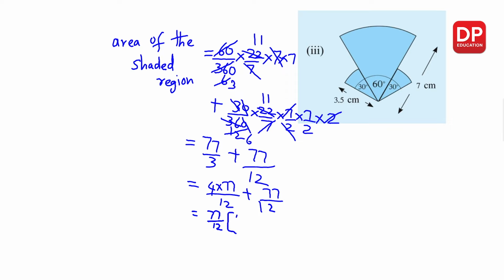When you take it out, this is 4 plus 1. So 4 plus 1 is 5. So what's the answer? 77 over 12 times 5. So multiply by 5. 5 times 7, 35. 3 remaining. 5 times 7, 35 plus 3, 38. 38, divide by 12.